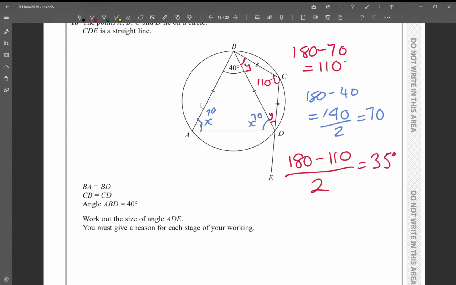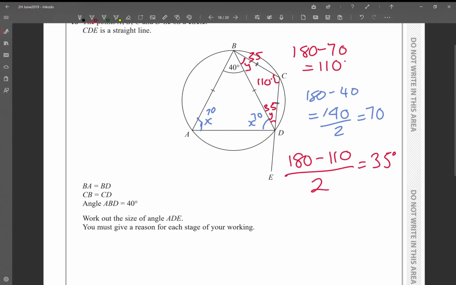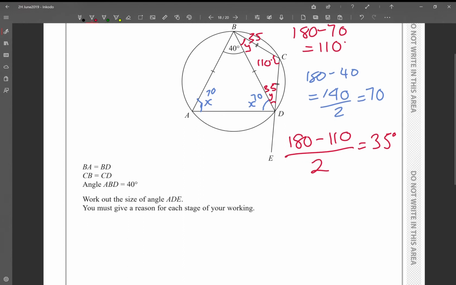So these little y's here are going to be 35 each. Even if you didn't write anything else, just getting this 110 will give you a mark here.